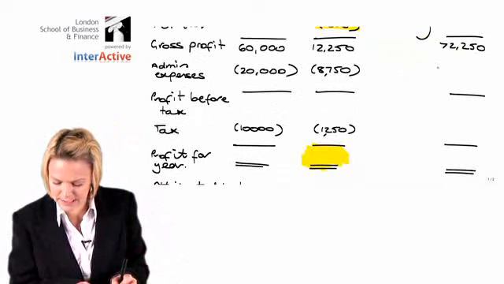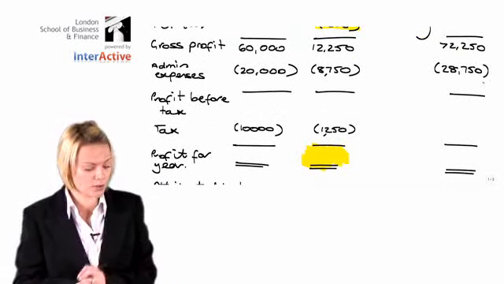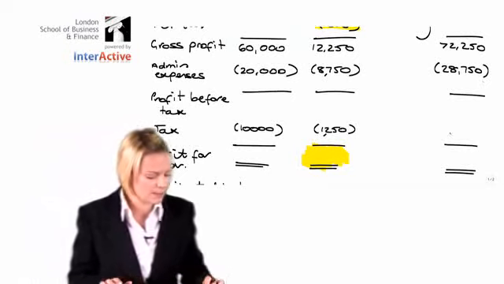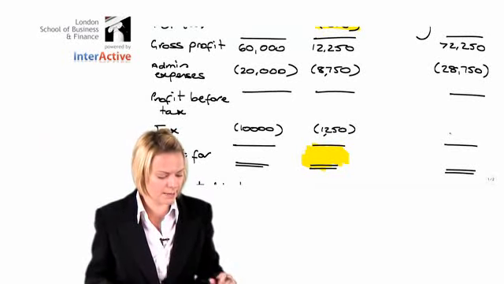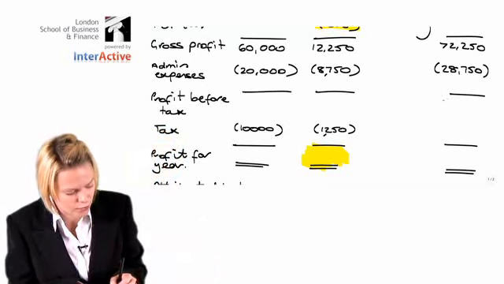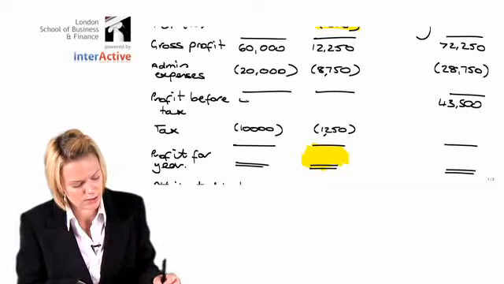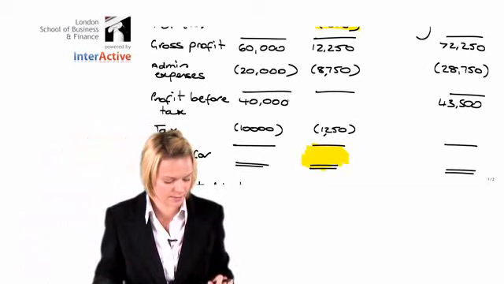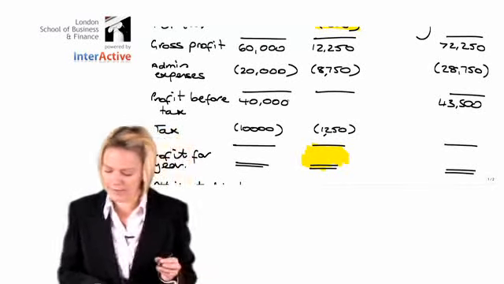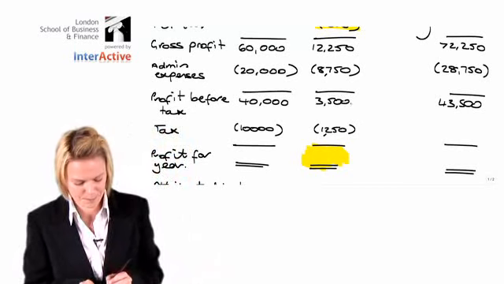Group admin expenses, 28,750 adding across. Gross profit minus the admin expenses will give us 43,500 group profit before tax. That's obviously 40,000 profit for the parent before tax, and then 3,500 subsidiary profit before tax.